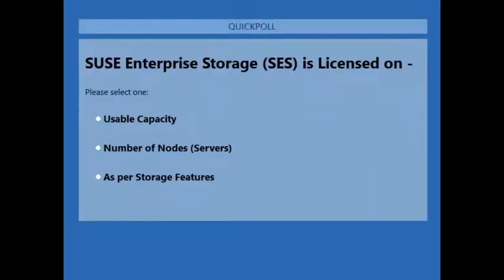SUSE Enterprise Storage is licensed on, is subscribed on... 20%, good. 30%.